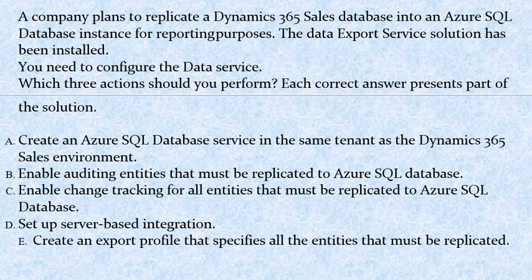Option C, enable change tracking for all entities that must be replicated to Azure SQL database. Option D, set up server-based integration. Option E, create an export file that specifies all the entities that must be replicated. The correct answers are options A, C and E.